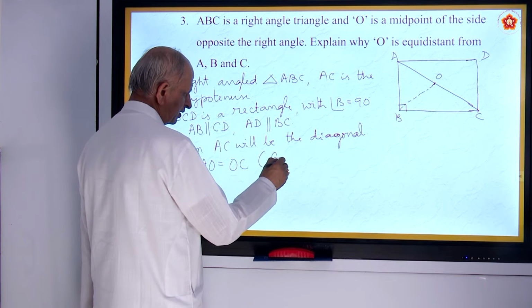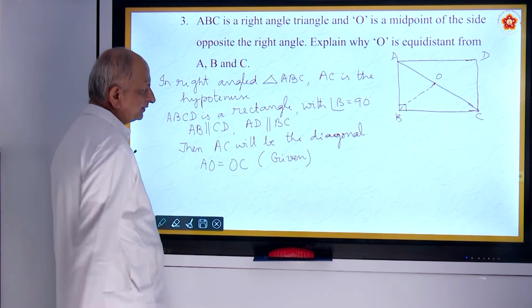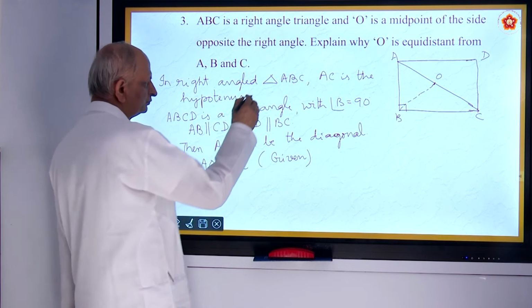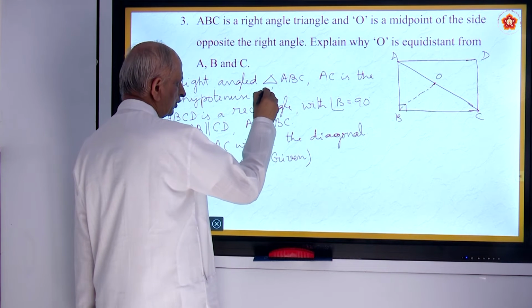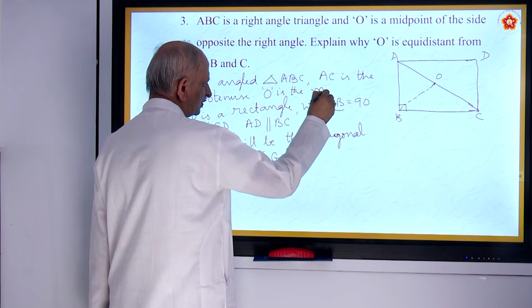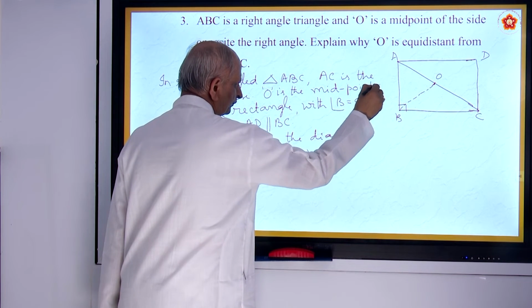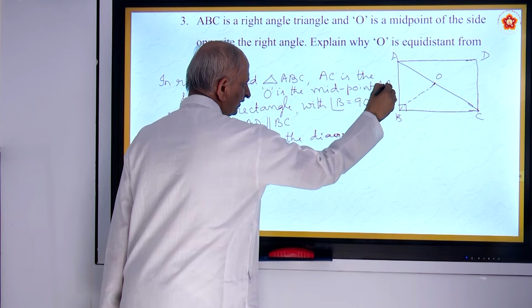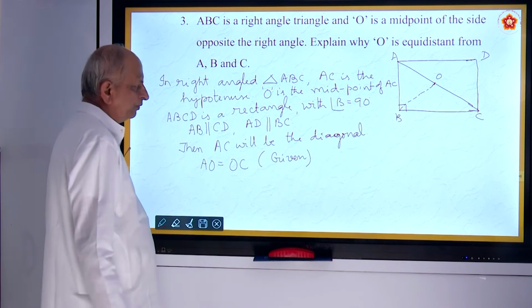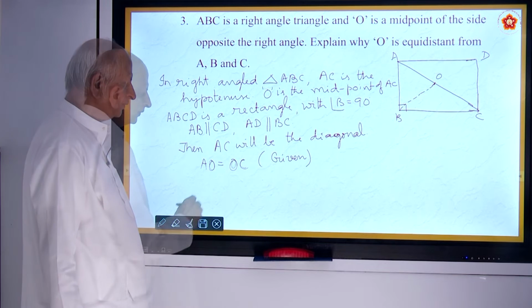That is given because O is the midpoint of AC. O is the midpoint of AC means what? AO is equal to OC.